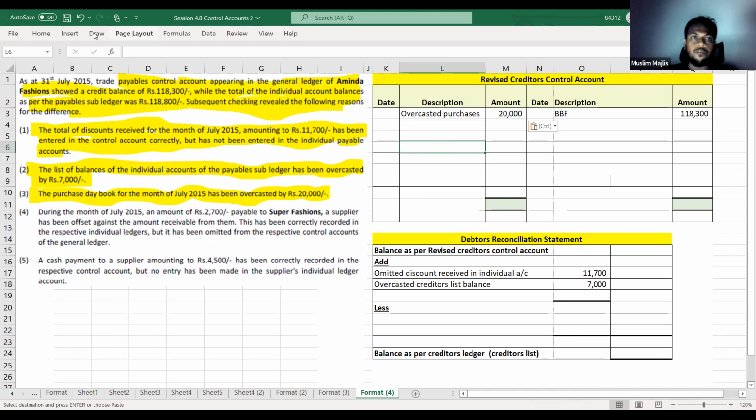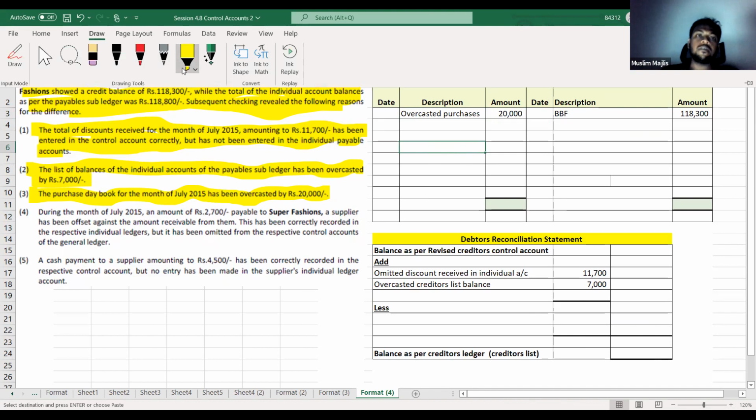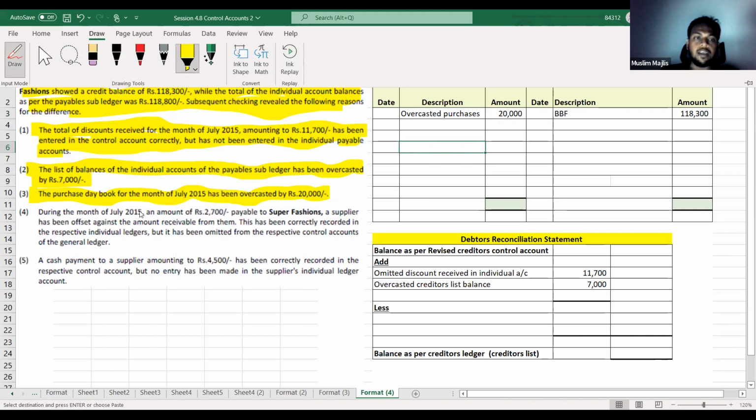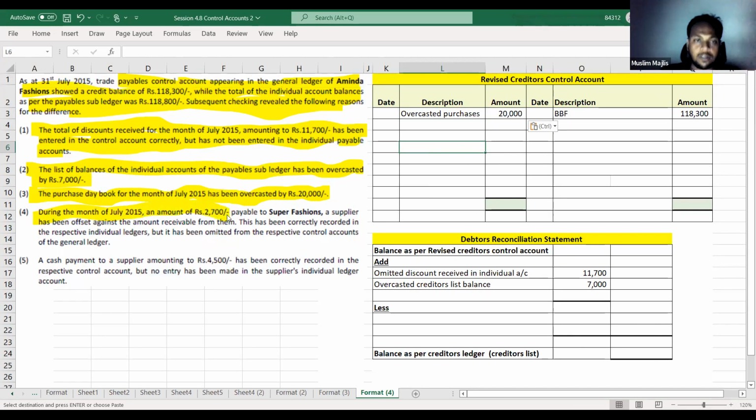Then number 4. During the month of July, an amount of 2,700 payable to Superfashion, a supplier, has been offset against the receivable from them. This has been correctly recorded in the individual ledger, but it has been omitted from the control account of the general ledger.